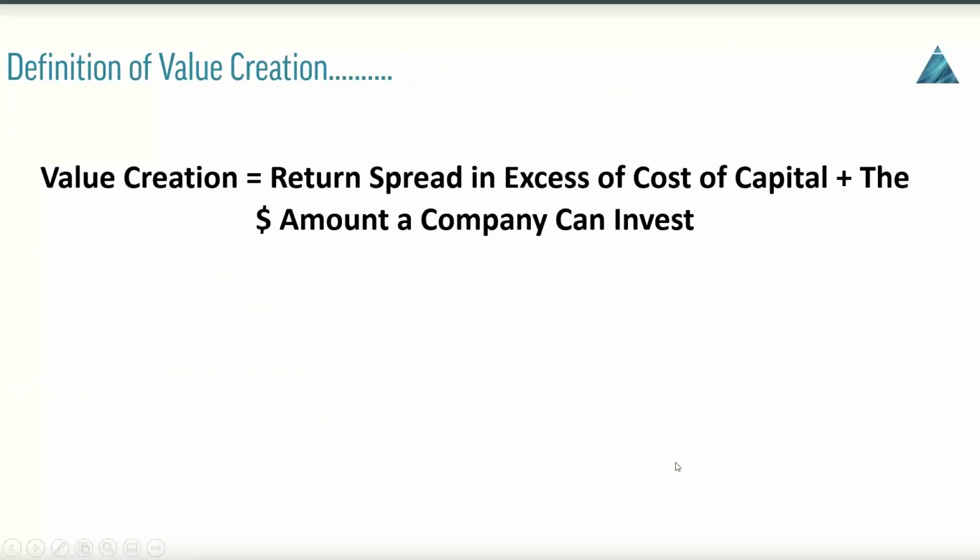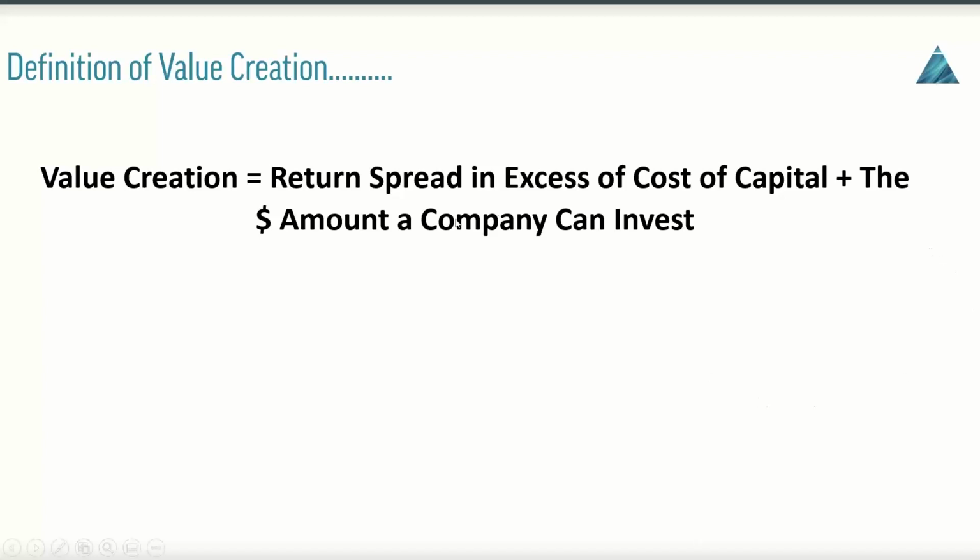Okay, so the next thing we need to do is we need to define what value creation is, right? If we've got a sell rating on Taiwan Semi, we need to understand what's going on. Is Taiwan Semi creating value? The idea behind defining value is that we all have heard about this cost of capital, right? So there's a return spread in excess of cost of capital, and then we need to add to that the dollar amount a company can invest.